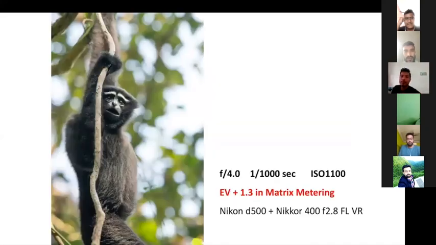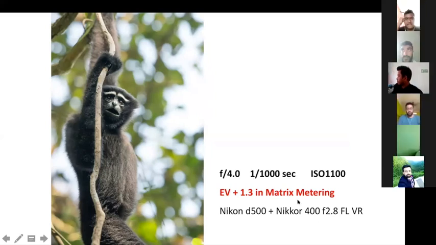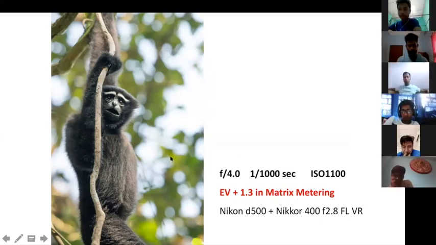Now there's another situation where I have to positively compensate a particular image, because here this particular gibbon is black, against a relatively white background. So here an exposure compensation of, say, +1.3 has helped me in bringing out the details on a black subject.